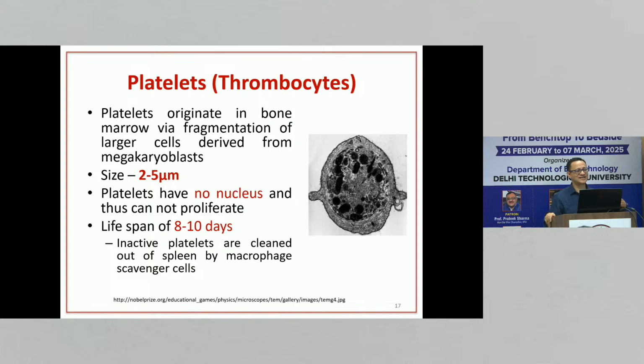The lifespan of platelets is 8 to 10 days. What's the lifespan of red blood cells? 120 days, right? So this is more than 10 times less. And then inactive platelets that are getting old are cleaned out by the spleen, by macrophages that are scavenging and cleaning the blood.